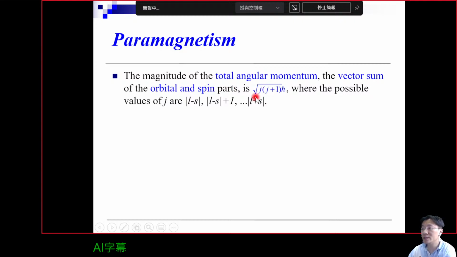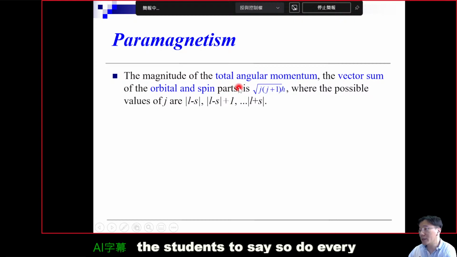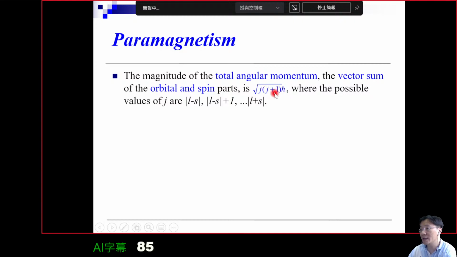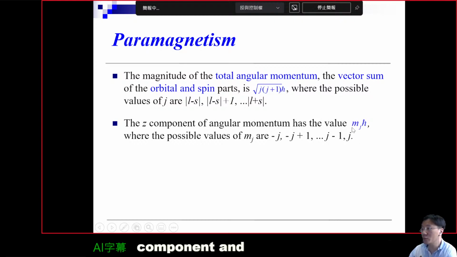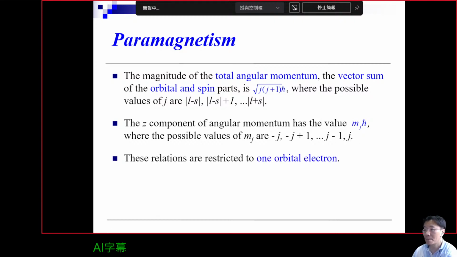So we get J with an identical form, just substituting L or S with J. The average magnetic moment that comes from the total angular momentum would be the square root of j(j plus 1) times h bar, and the j value would be in between L minus S and L plus S. The z component of the angular momentum would be m_j h bar, and m_j would be in between minus j and plus j, as we already talked about in the previous slide.